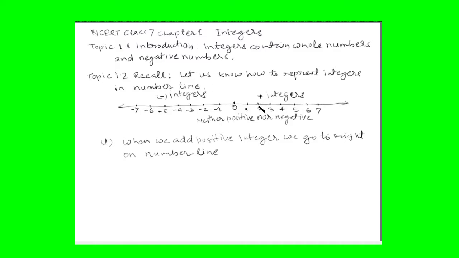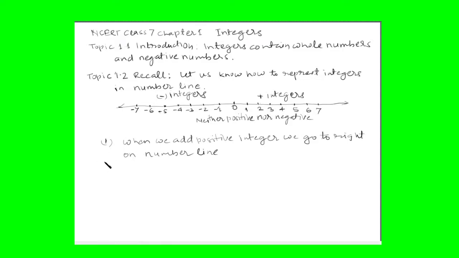Say if we add 3 to the number 2, then what do we get? 5. So we are moving towards the right, as 5 is towards the right of both 2 and 3.